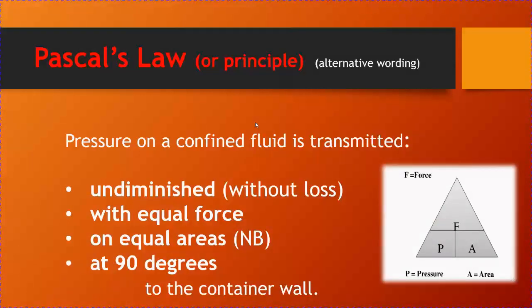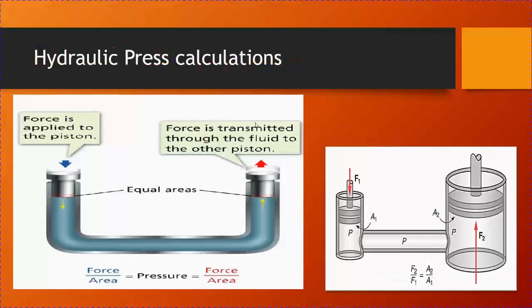An alternative to this is quite accurate, which says that the pressure is undiminished with equal force on equal areas and at 90 degrees to the container wall. In a balanced system on the left, the force coming in is equal to the force going out because our area is the same. Now, if this was a closed system, then the pressure would be equal throughout.